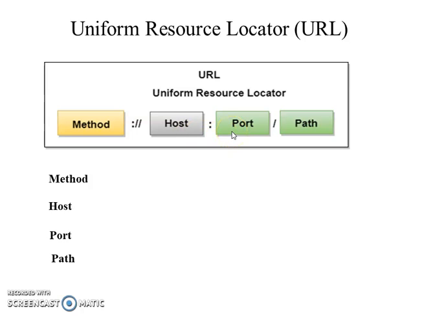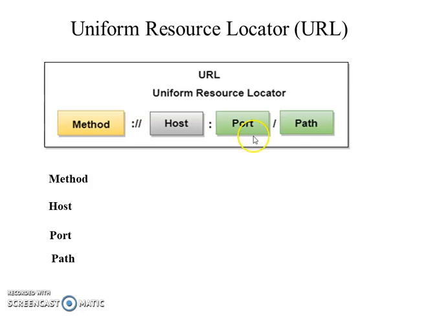And third one is port. The URL can also contain the port number of the server, but it is an optional field. If the port number is included, then it must come between the host and the path, and it should be separated from the host by a colon.